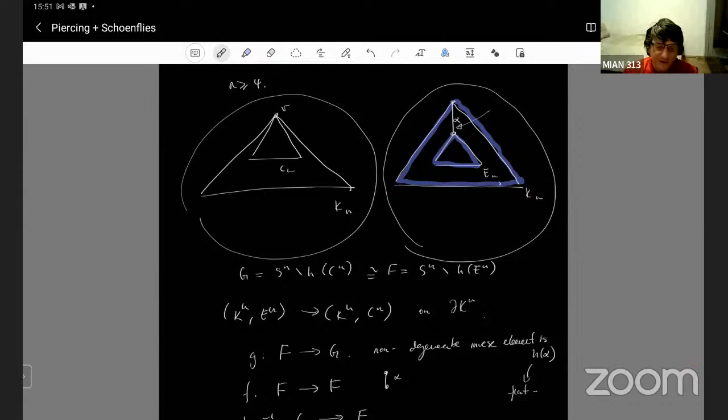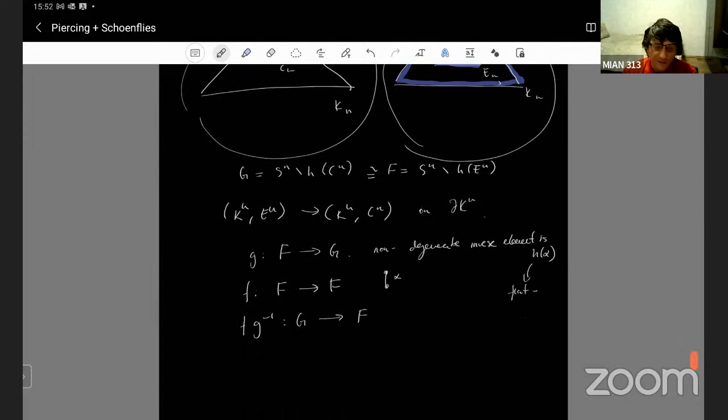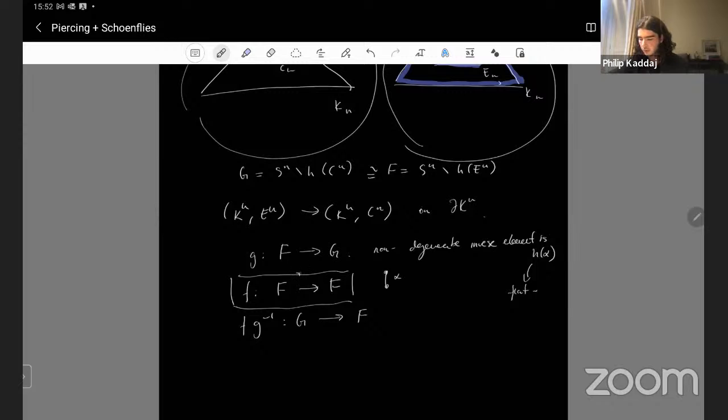Okay, yes. So there's a self-homeomorphism taking it to a standard interval. Mm-hmm. Okay, and contracting a standard interval in Sn is still equivalent to Sn. Okay. So this is this map, which, so G inverse has non-degenerate element alpha. Do you agree?